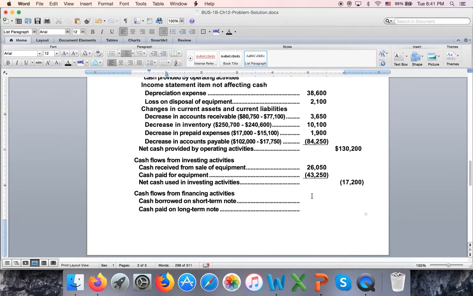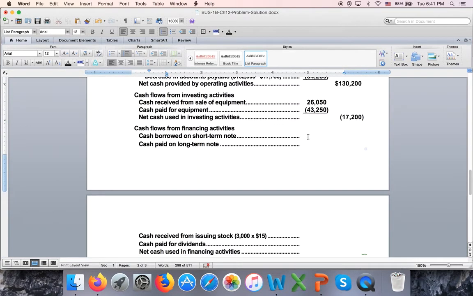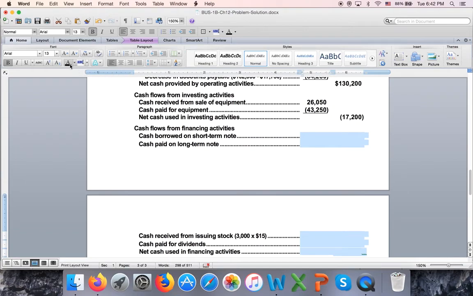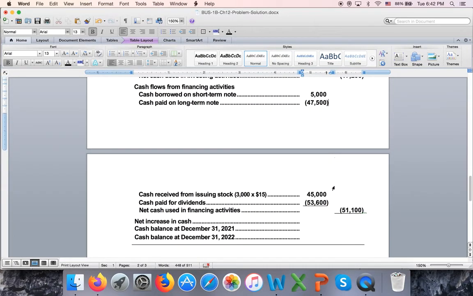So the financing activities include anything to do with borrowing and with equity. So borrowed cash on a short-term note, paid off cash negative on a long-term note, received cash from issuing stock positive, paid cash dividends, overall net cash used negative in financing activities.